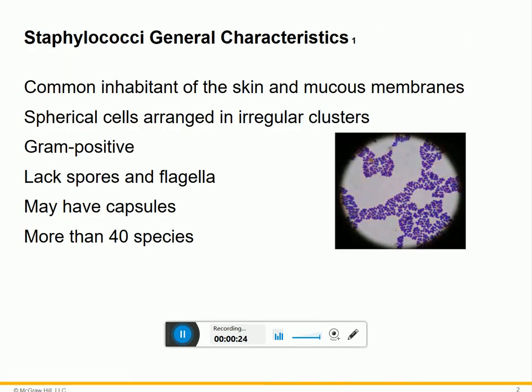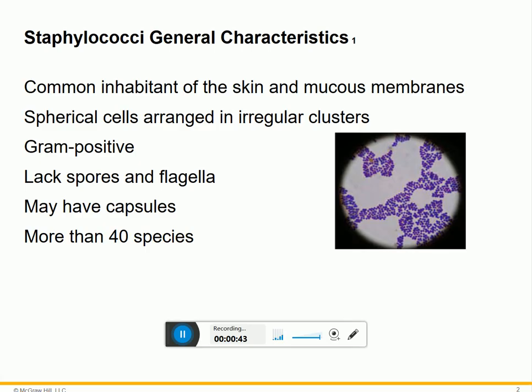The first gram-positive organism to talk about will be the Staphylococci. There are some general characteristics that they all share: we find them on our skin and mucous membranes, so they are part of the normal human microbiome.